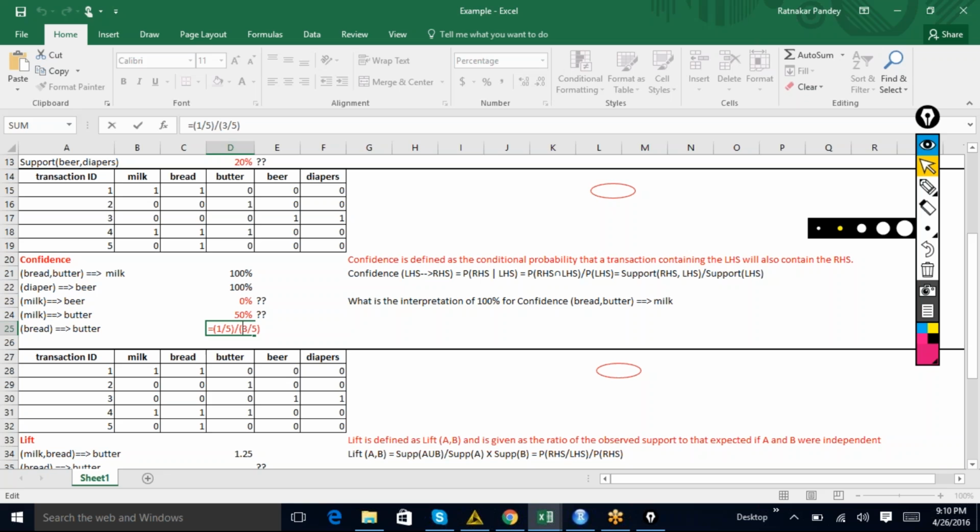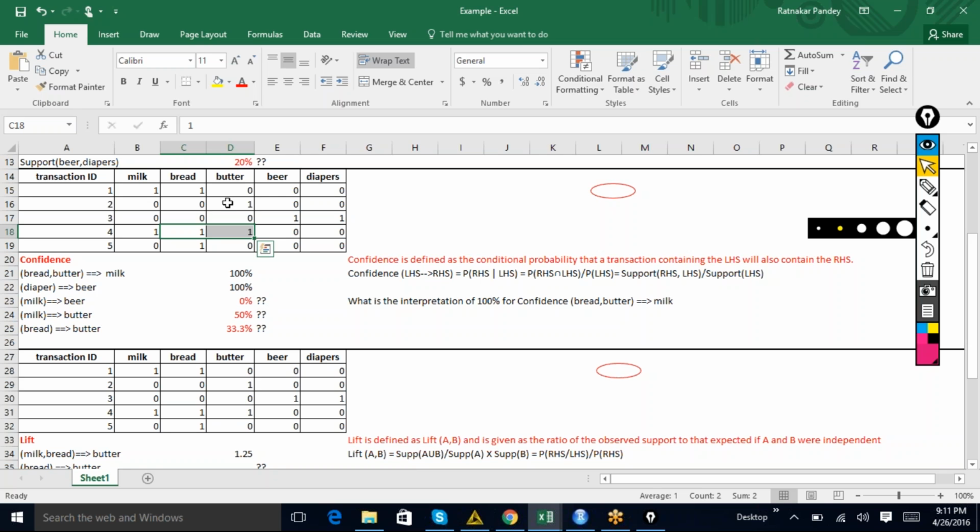How did we get that? So let's look at the formula. How many times have bread and butter been bought together? Bread and butter have been bought together one time only, right? So one transaction out of the five transactions, bread and butter have been bought together. So that makes the numerator 1 divided by 5. The denominator is how many times bread has been bought.